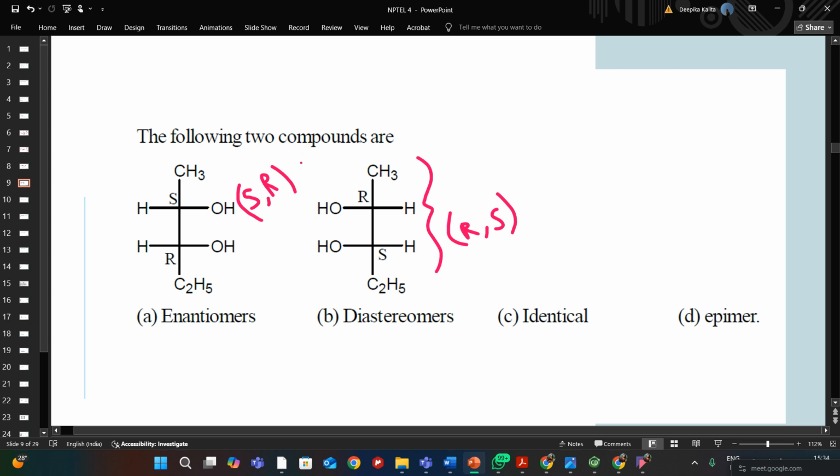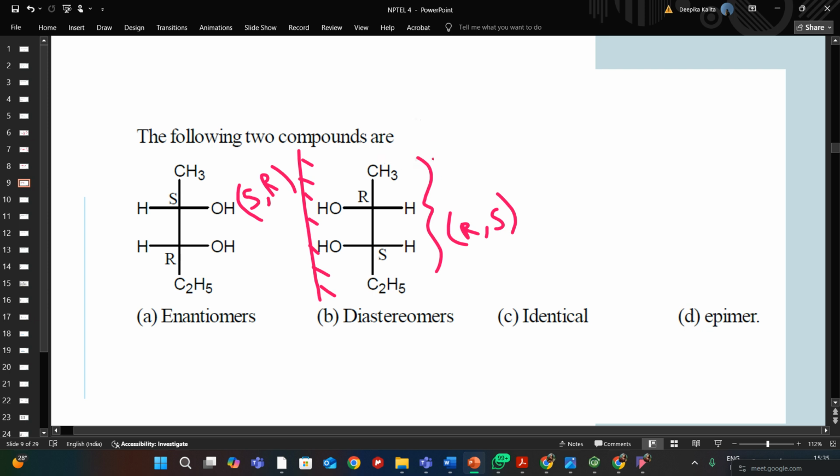And visually also, if you look at these two molecules, they are mirror images of each other if we place a mirror plane in between the two molecules.